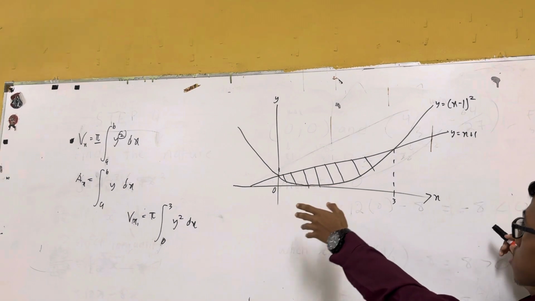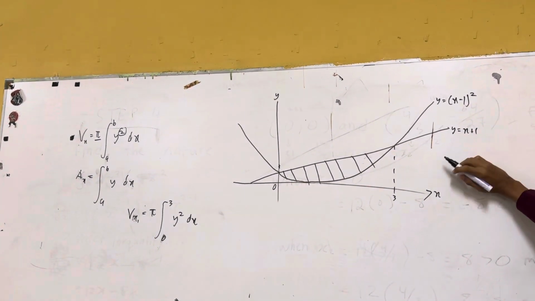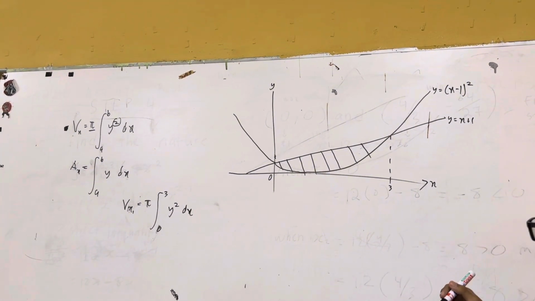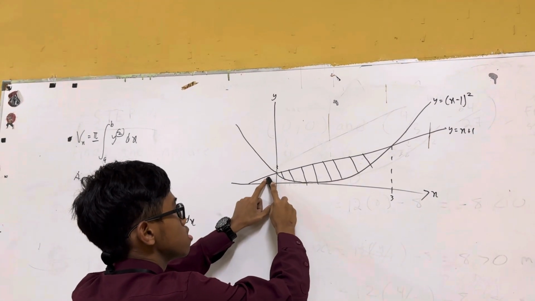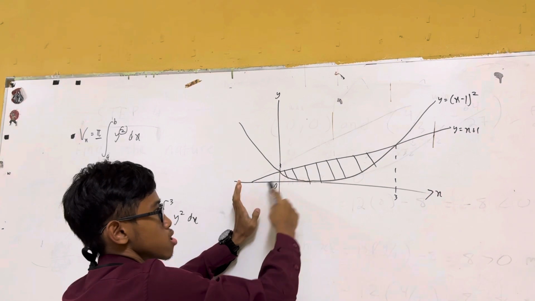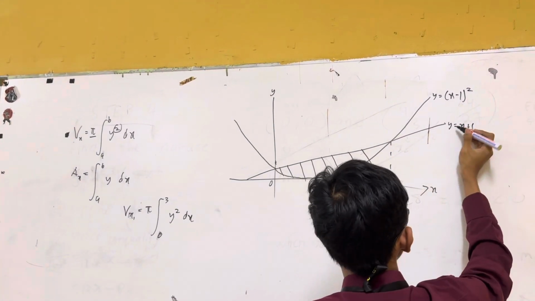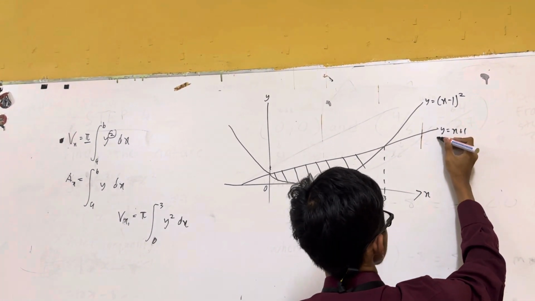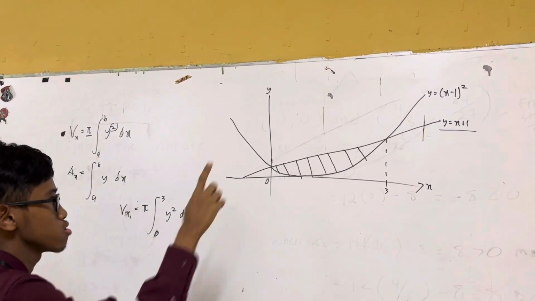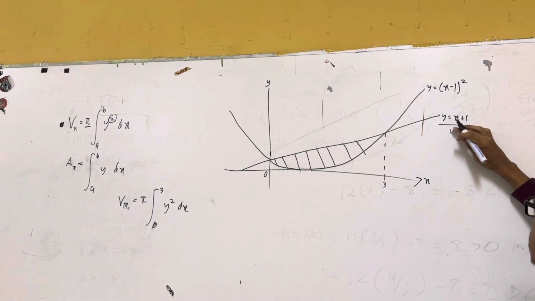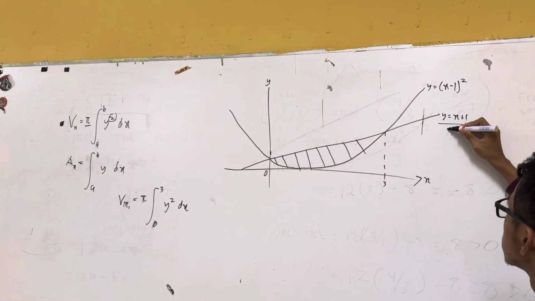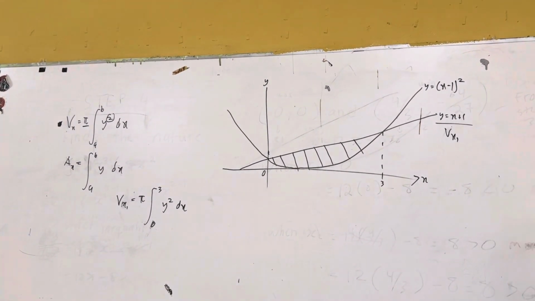For this question, we use the most upper equation, which is the straight line. This is the straight line equation. We assume this as Vx1.